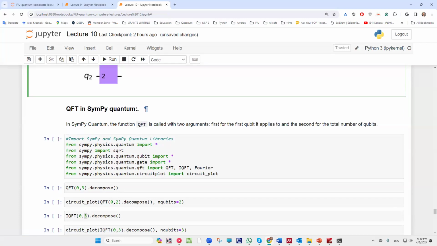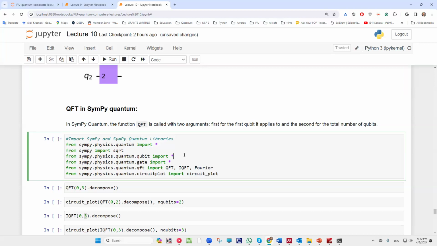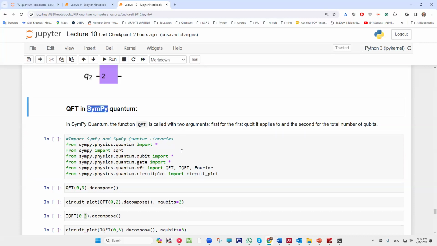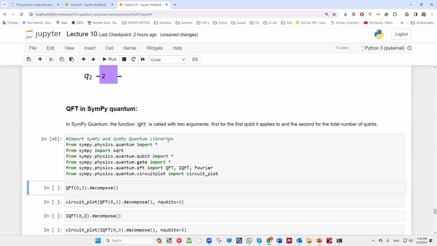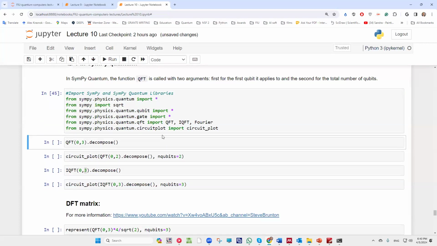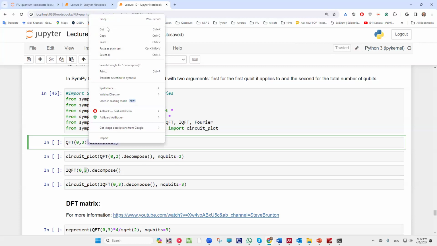But if you need to gain some insight about this quantum Fourier transform, it can be nicely done using SymPy Quantum, the library we used quite extensively in the past parts of our course. In SymPy Quantum, we have this QFT inbuilt.